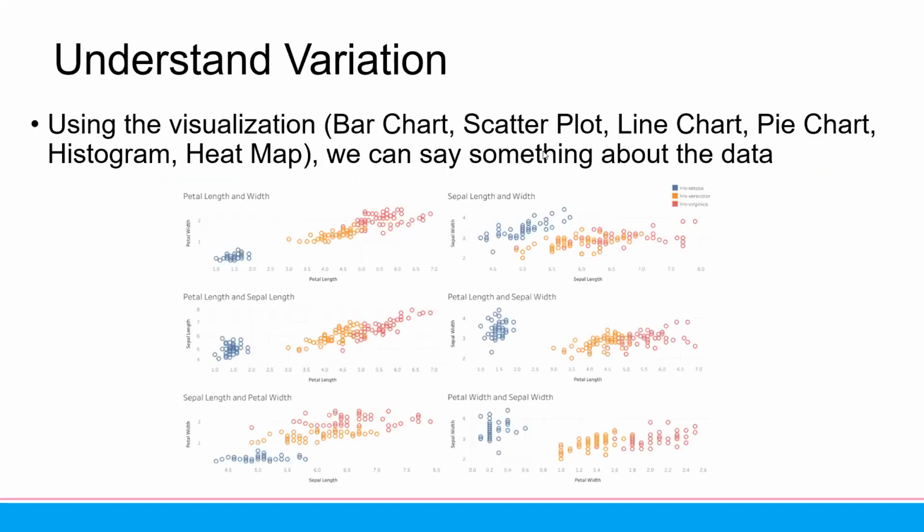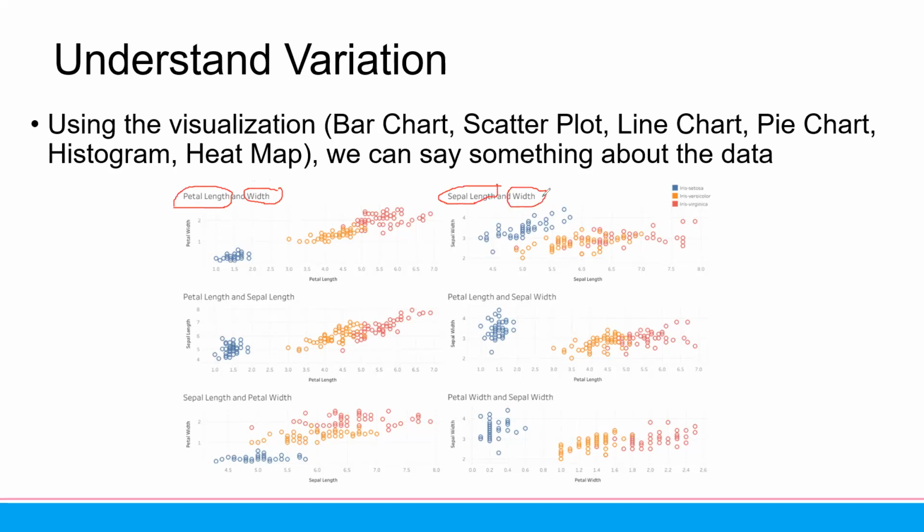If we want to understand the variation, this is the data from the iris data set. Last lecture, we learned about the iris data set. If you still remember, we have the petal length, petal width, sepal length, and sepal width.